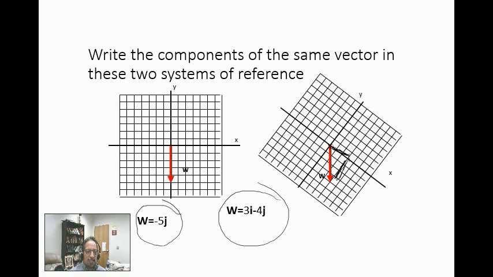It's the same vector, but if we were to be just a little bit more careful with our notation, maybe we'll say w is equal to 3i prime, so this is the vector in the i prime in the new system of coordinates, and minus 4j prime, but I'm not going to do that.